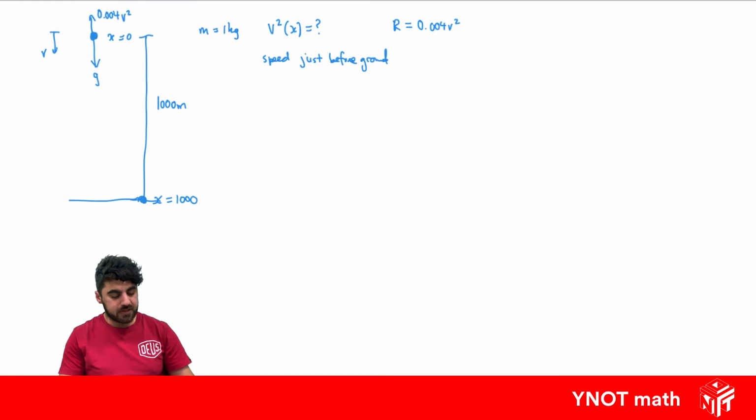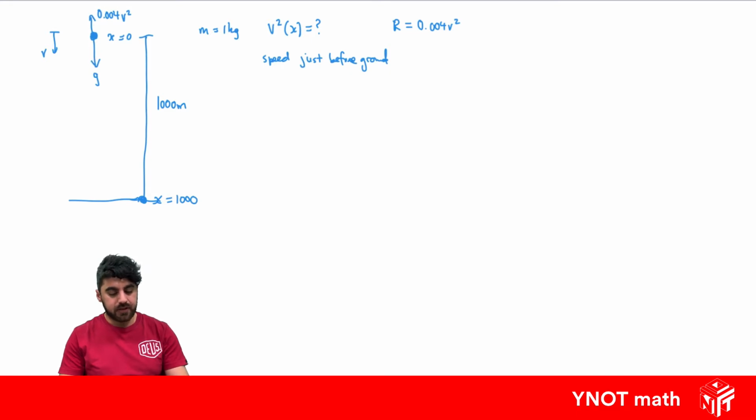It's a very common mistake to let that equal minus 1,000 since it's 1,000 lower than this point, but since the direction is positive in this direction, this point is positive 1,000. Now we've got our two forces acting on the body.